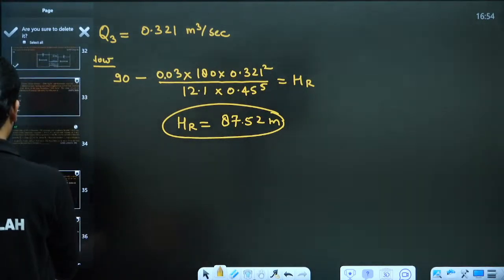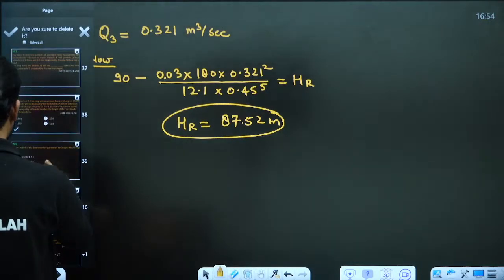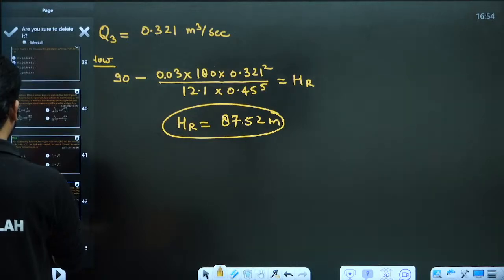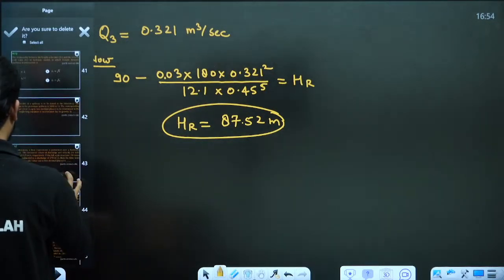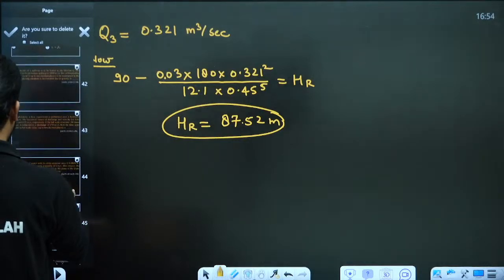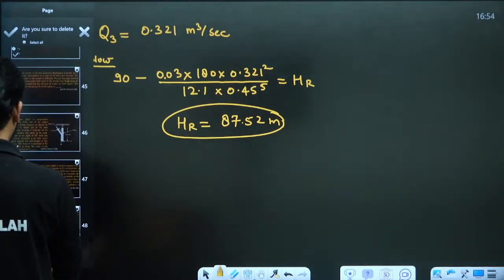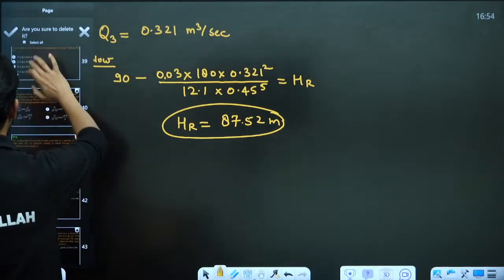Okay, so let us do some questions of dimension analysis.